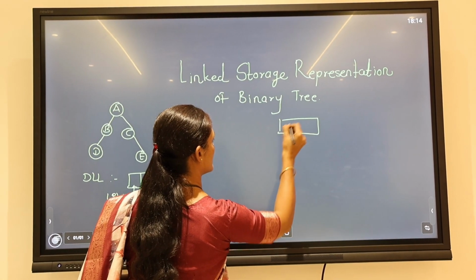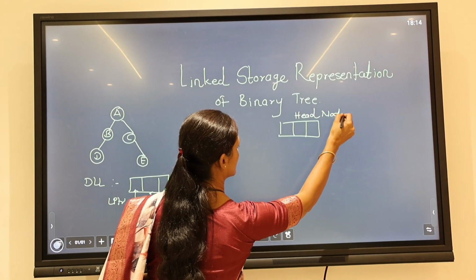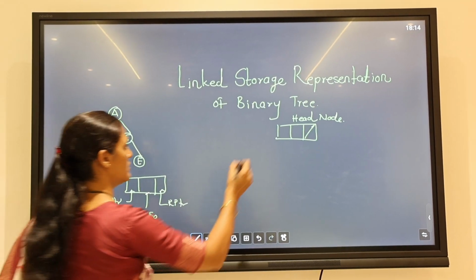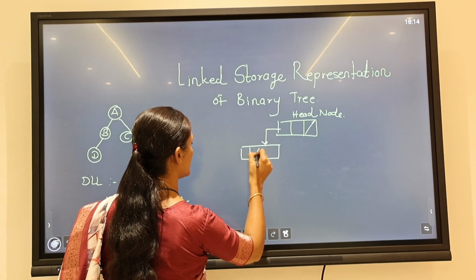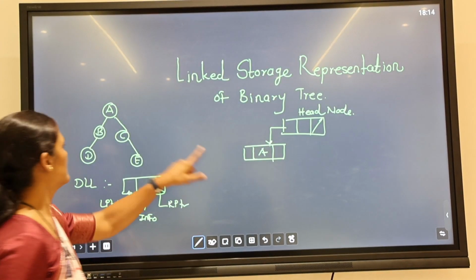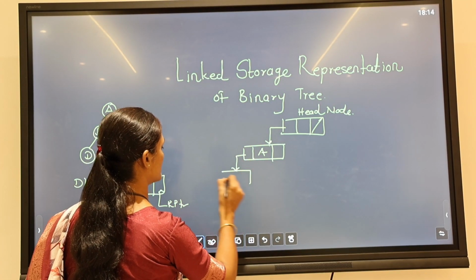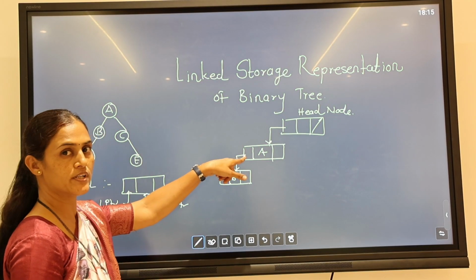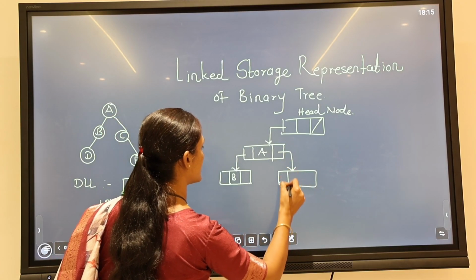So, this is your head node, and L pointer of the head node initially stores address of the root node, that is node A. Now the left child of A is node B. So store address of node B into L pointer of A and store address of right child.